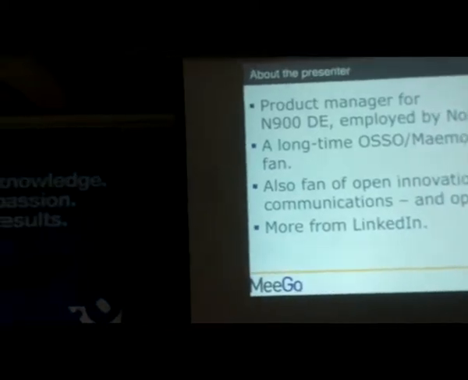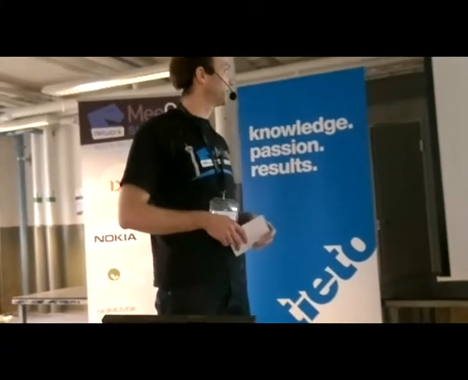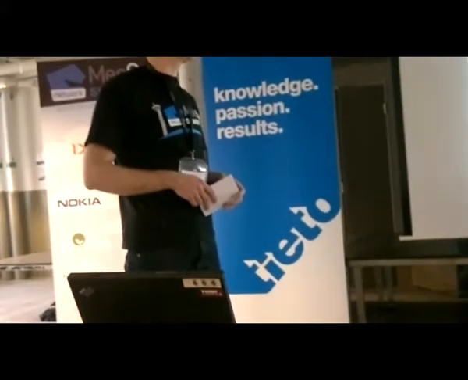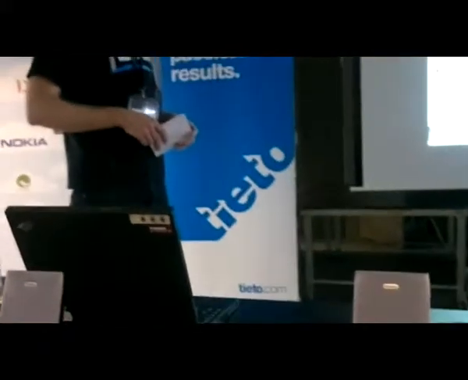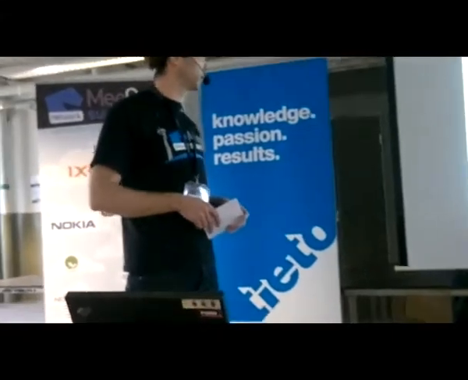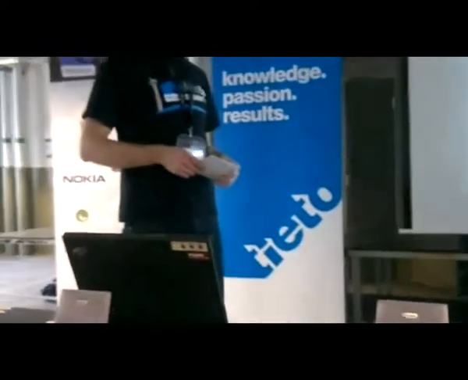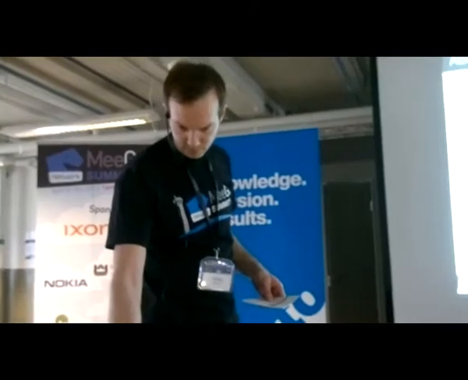So maintain wiki pages and prioritizing bugs and trying to be the kind of core user who tests the stuff and says what's good and what's not so good. I've been a long time MeeGo fan, and in general a fan of open innovation, open communications, open source, and open bar, of course. And you can find me on LinkedIn.